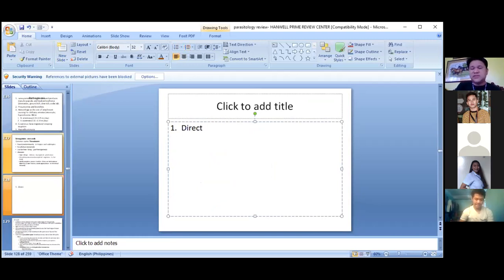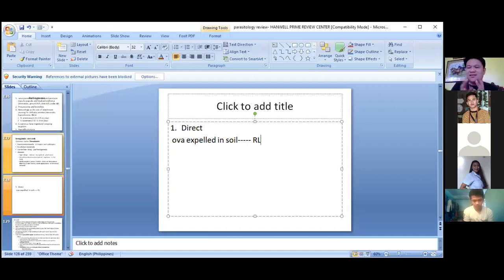Okay. So anyway, for direct life cycle, let's have ova. For example, Mr. Edsel has strongyloides. Tumae siya sa soil, okay? So the ova expelled in soil. Expelled meaning, it was actually brought in soil. So tumae, no? For example, si Edsel, ova expelled in soil. And then this ova turns to be your rhabditiform larva in soil after the ova has hatched.